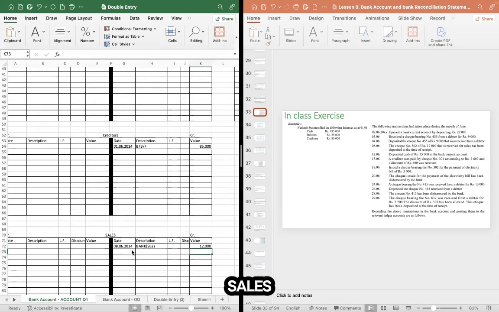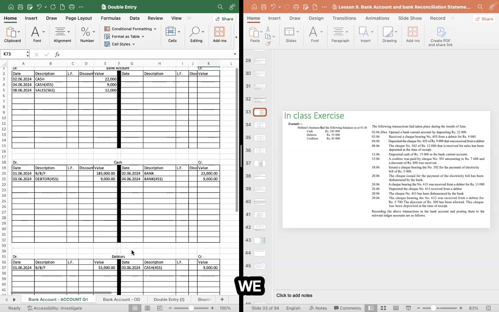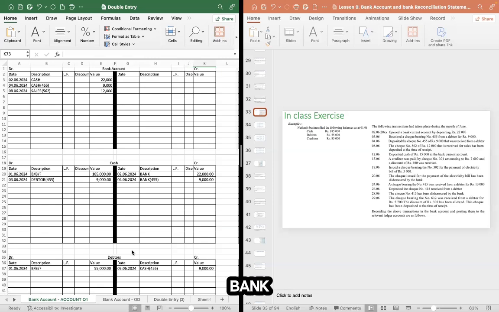No, sales is not decreasing, sales is increasing. Sales is ideally identified as an income account, so if income is going up, we should ideally credit it. We are debiting the bank account because the bank balance is going up, because we are receiving a check out of a sale. Then we are debiting it.